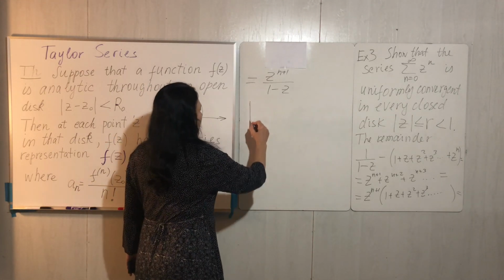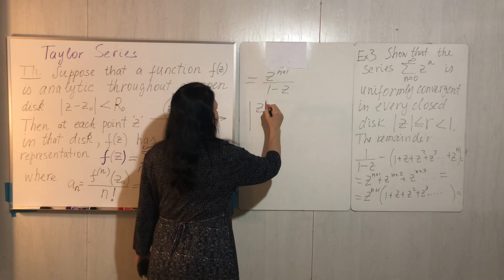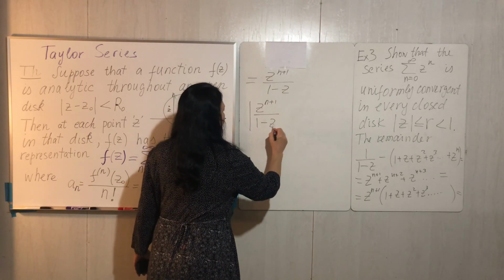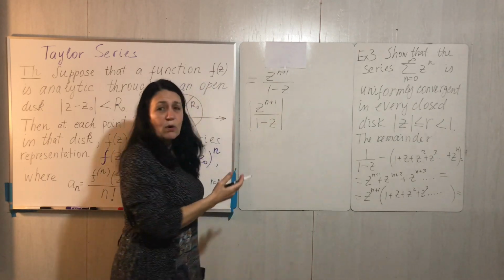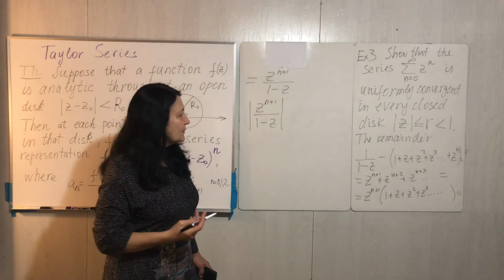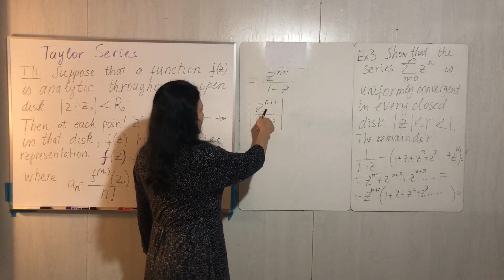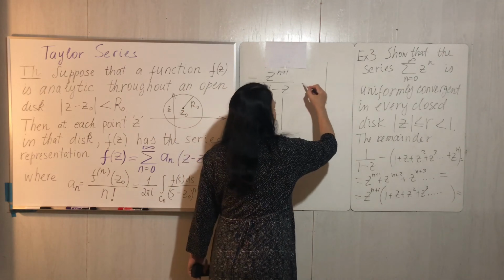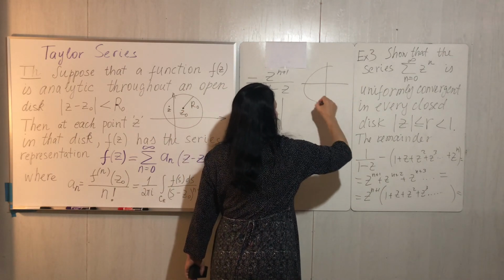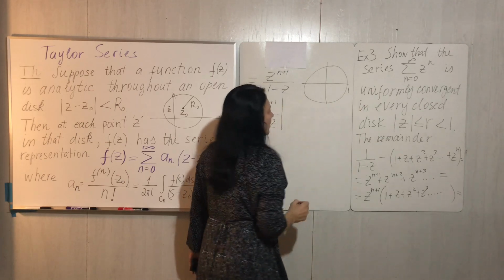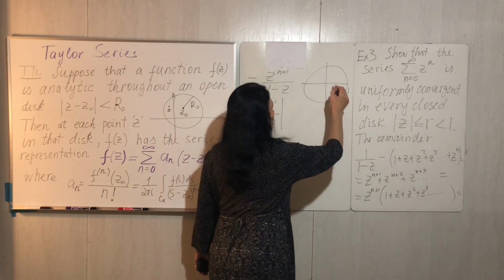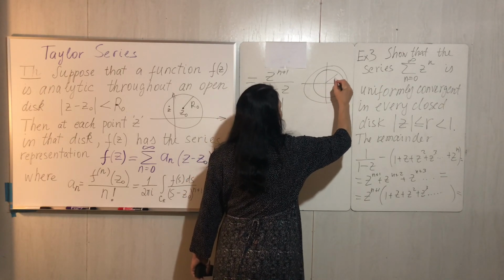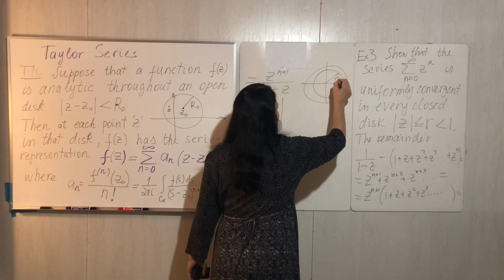If we want to evaluate or estimate this, it would be better to say our goal is to show that this is less than epsilon. So if z is any number in our unit disk, let r be less than 1, so here will be our closed disk, including the boundary, of radius r.